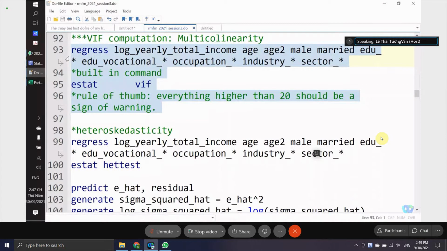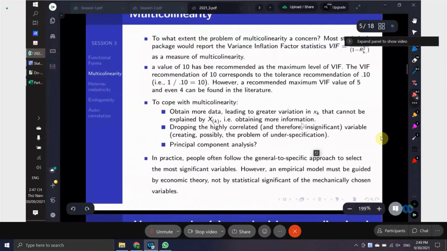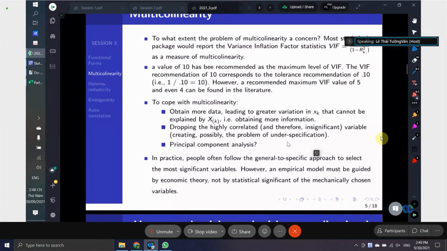Yes, and the solution is that if one variable is highly correlated with the others, you may need to consider dropping it.